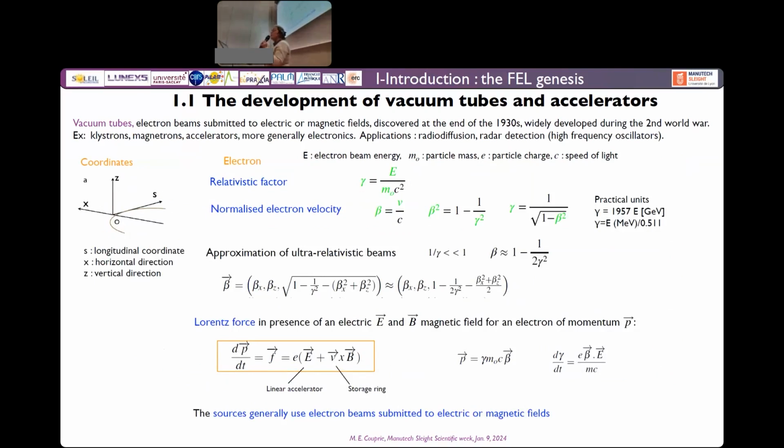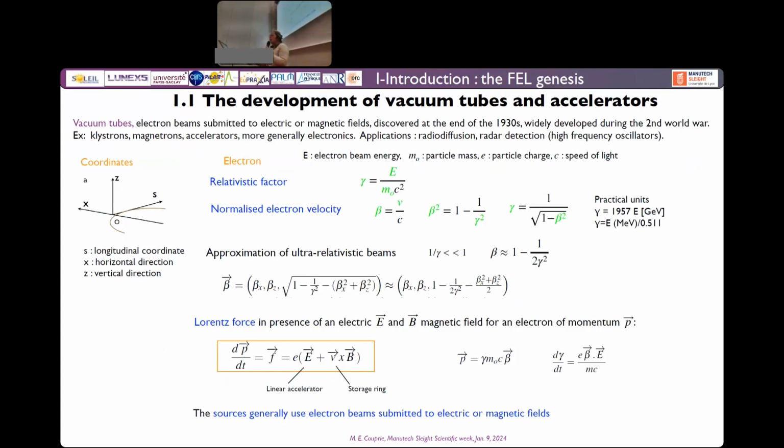Then we can introduce a normalized velocity, and the relationship between the normalized velocity beta and gamma. So we make the approximation of an ultra-relativistic beam, and we have the beta along the S trajectory, which is the main trajectory of the movement of the electron, which can be approximated like this.